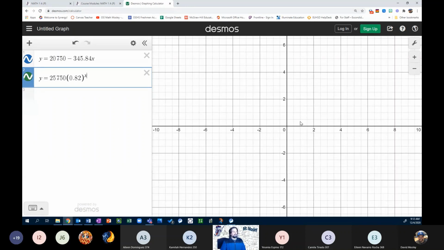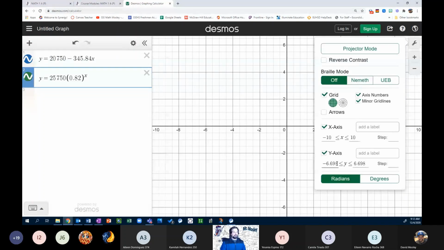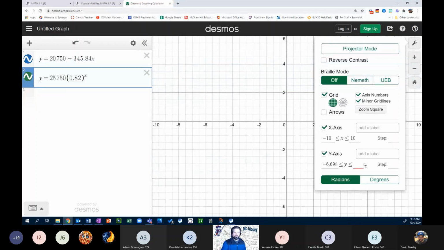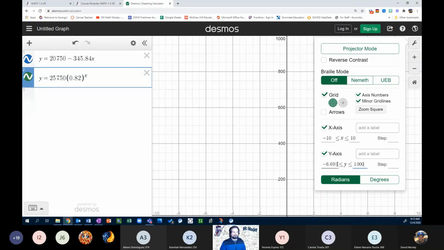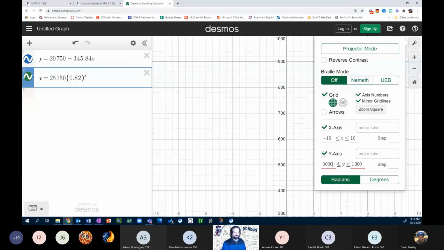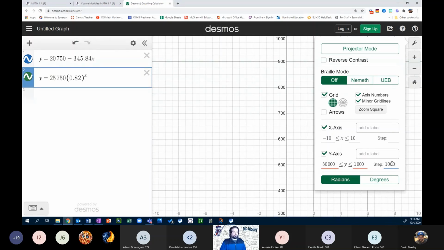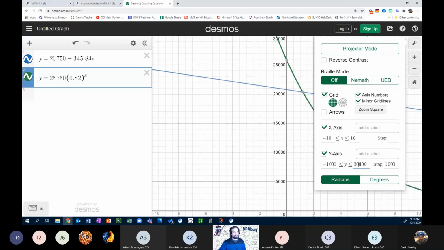We've got to zoom way out for this. Wait, I need the y-axis.